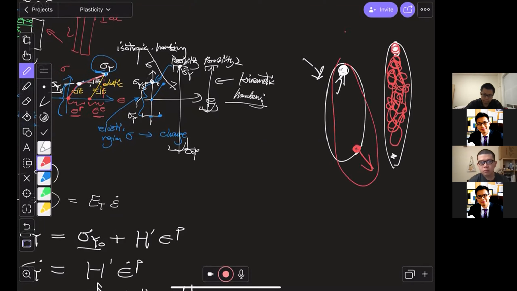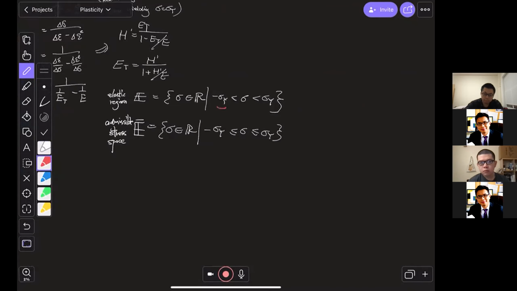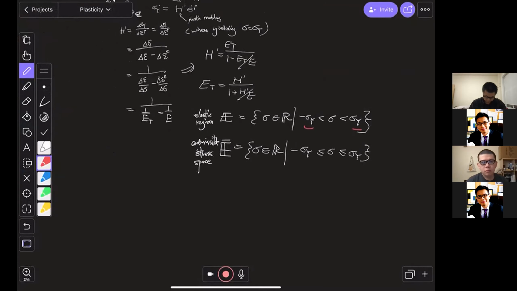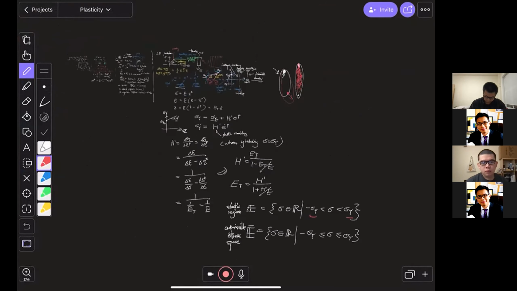Okay, so what happens for material that is elastic? An elastic material is an extreme case where the yielding stress becomes infinite. So there's no memory, no permanent deformations. Okay, so I would define a formal thing about that. That region is very important.